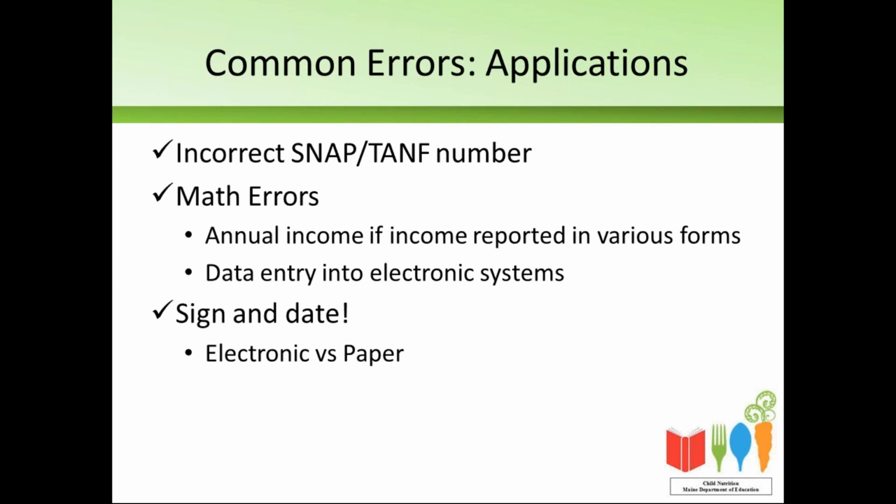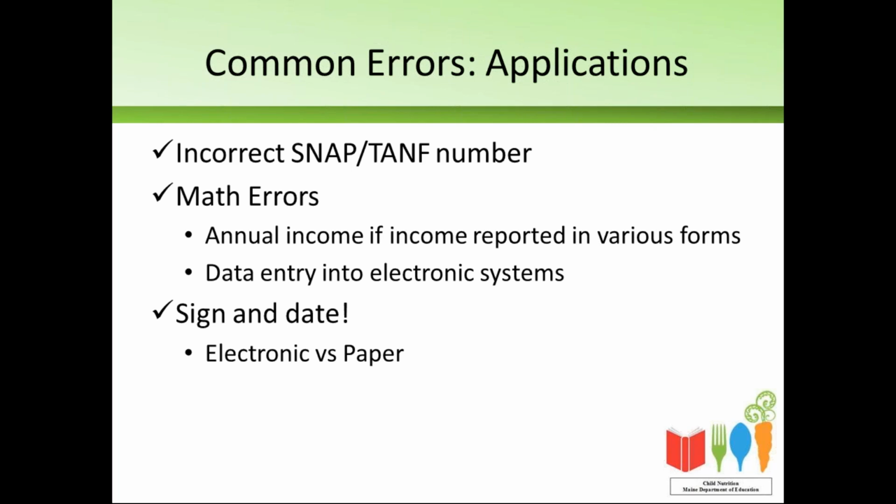If you're entering data into an electronic system, and that is the approval mechanism, then you would print off a copy from the electronic system and sign and date that master list.